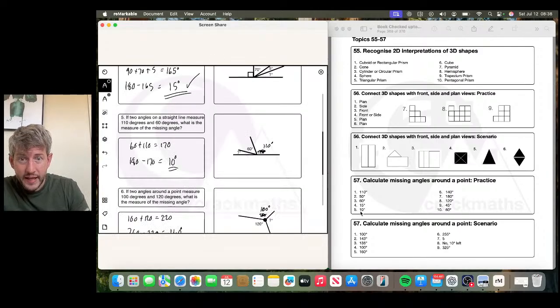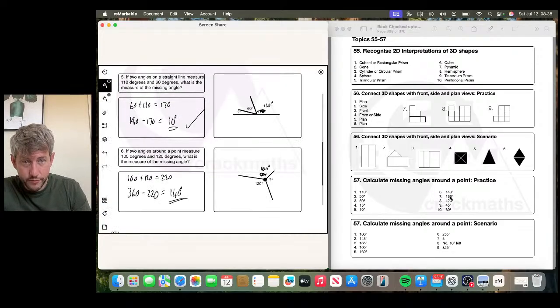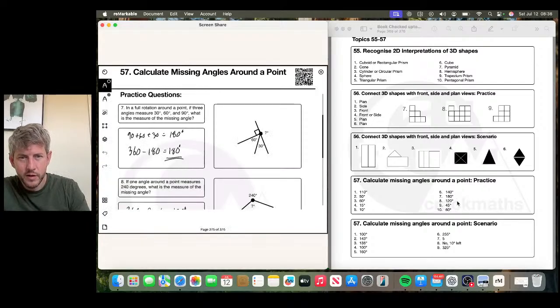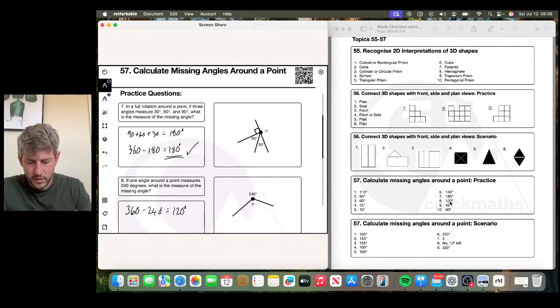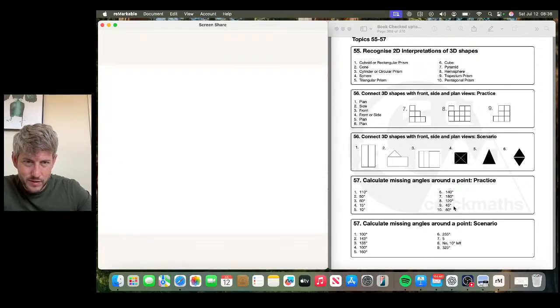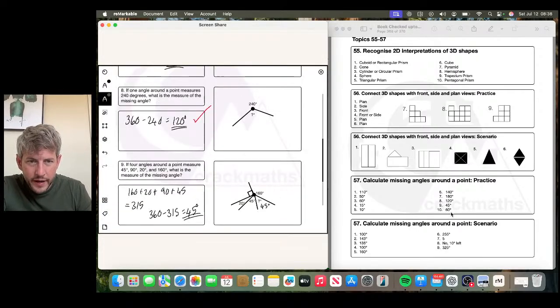Question 5 is 10 degrees. Question 6 is 140 degrees. Question 7 is 180 degrees. Question 8 is 120 degrees. It doesn't really matter. Question 9 is 45 degrees.